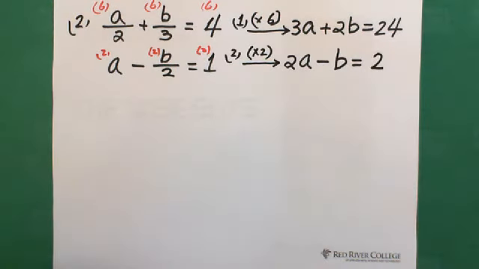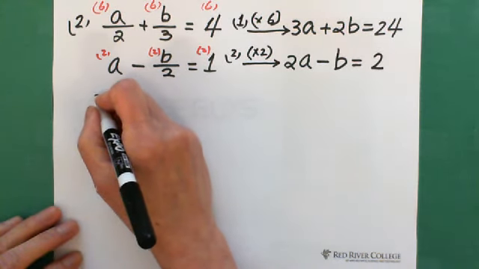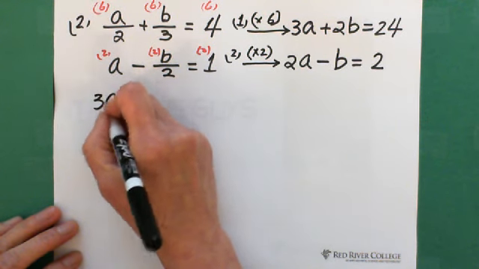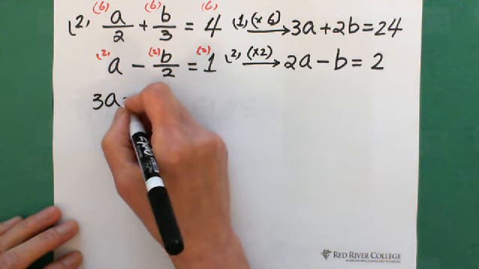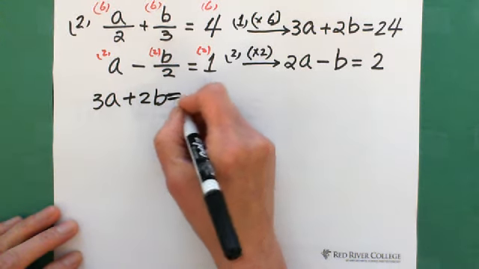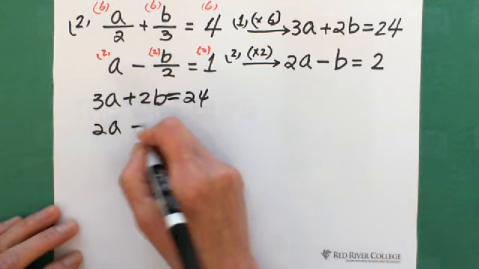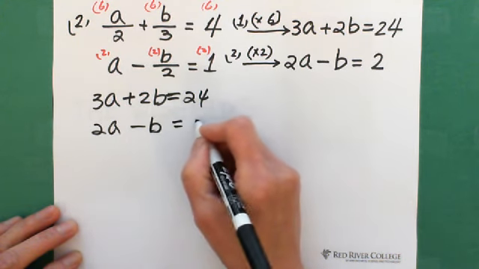So we rewrite: 3a plus 2b equals 24, and 2a minus b equals 2.